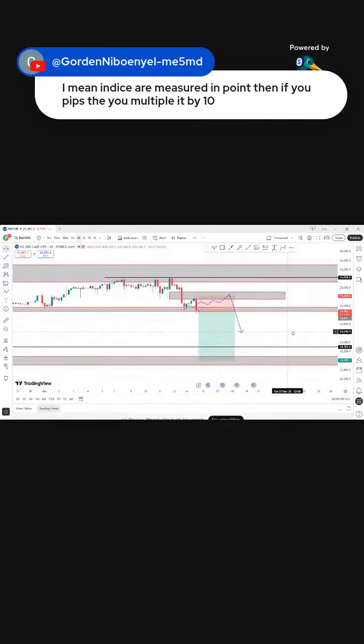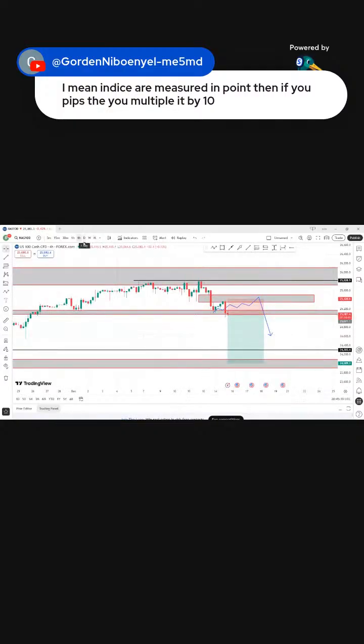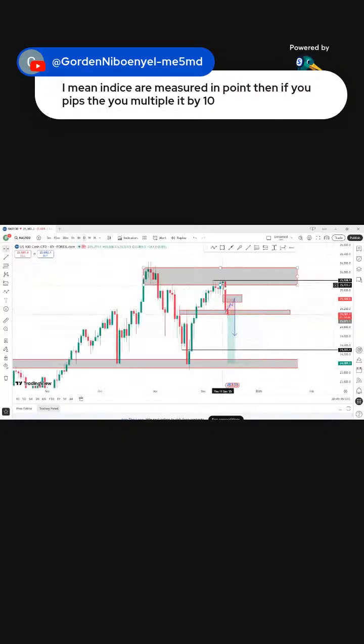And yesterday, the reason why I told you guys that the market is going to go to the downside is because of what I'm seeing on the daily time frame. But I thought the market was going to fill that particular fair value gap first. But it refused to fill the fair value gap completely before breaking to the downside. So if you want to take this particular trade, by all means, you enter it now.